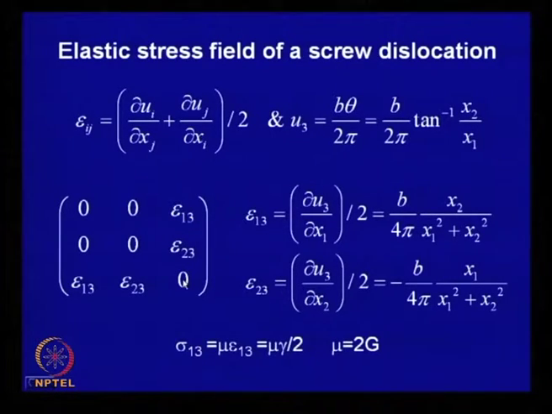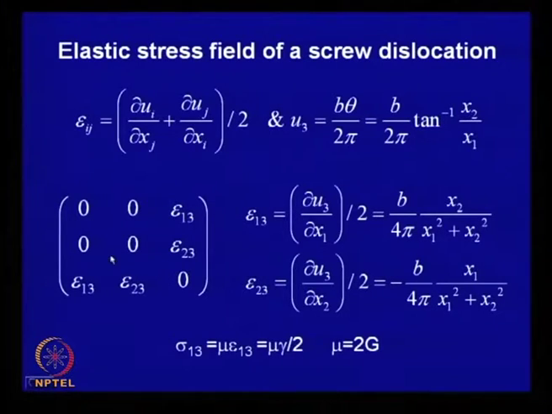This is because there is no displacement: u1 is non-existent, u2 is also non-existent, and because of volume constancy, if there is no tensile strain along this axis, obviously there will not be any tensile deformation along the z axis as well.